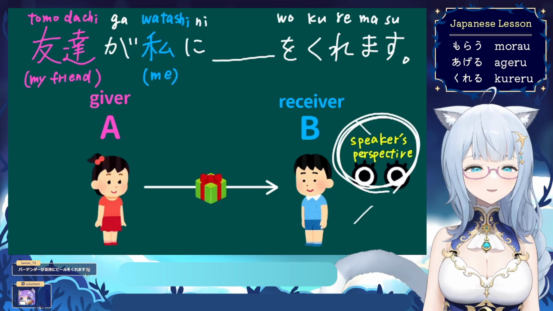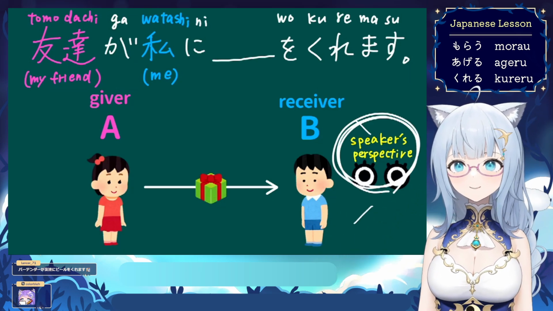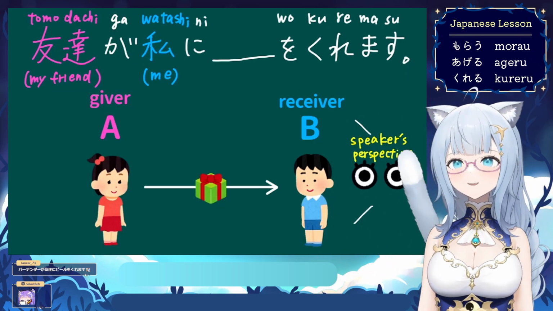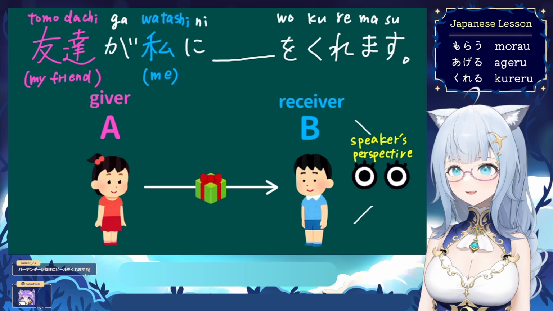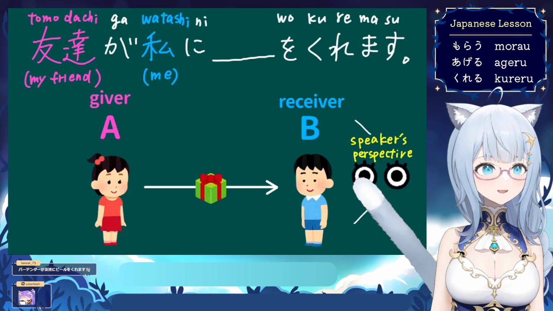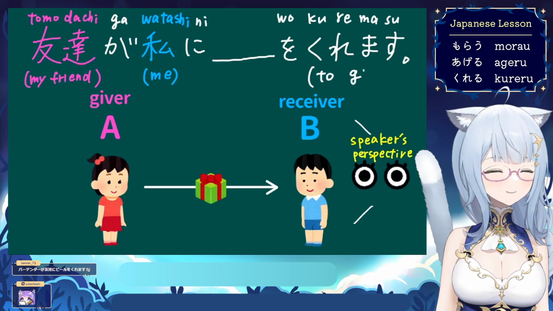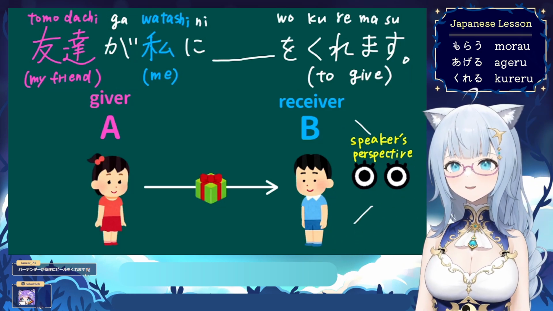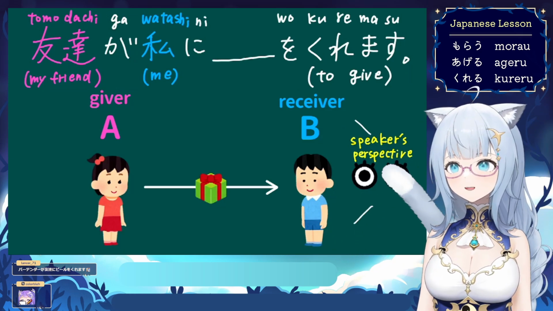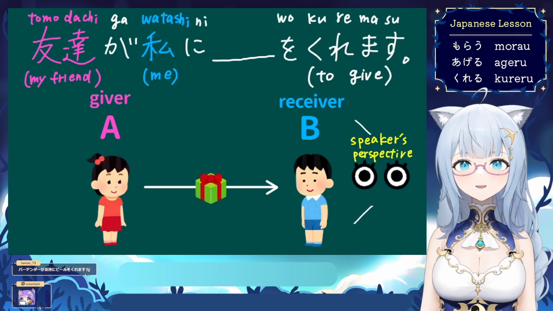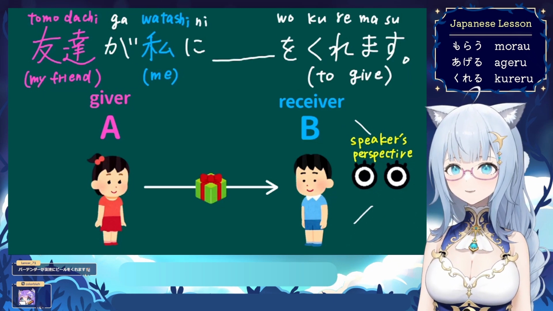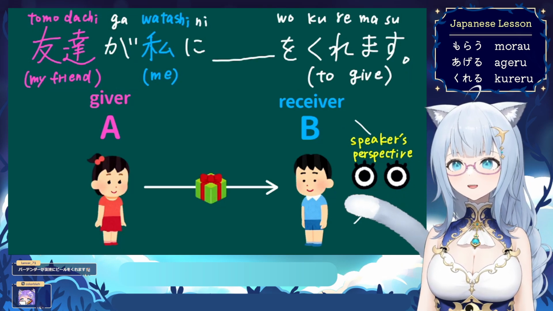The speaker is I, me. 友達が私に何々をくれます。くれます is to give. So, my friend gives something to me. In the くれます sentence, the receiver is the perspective.